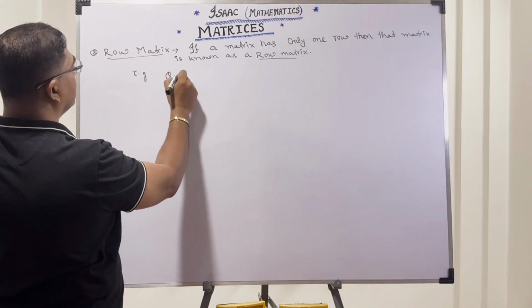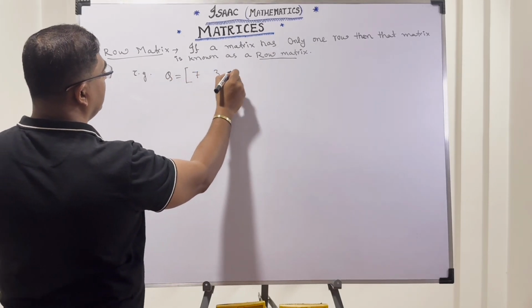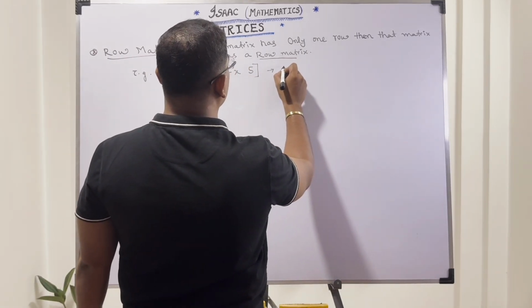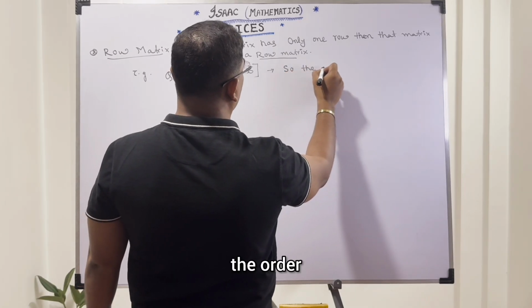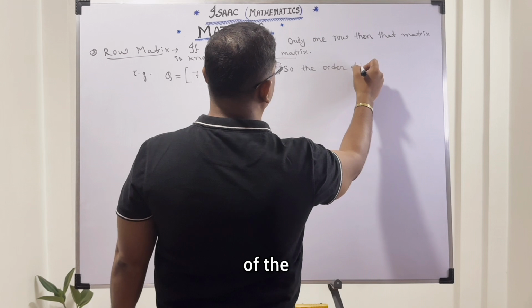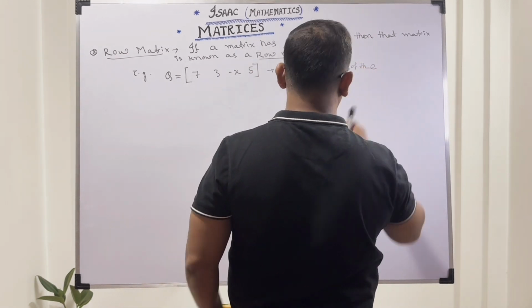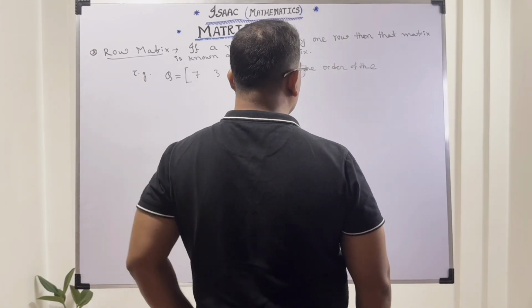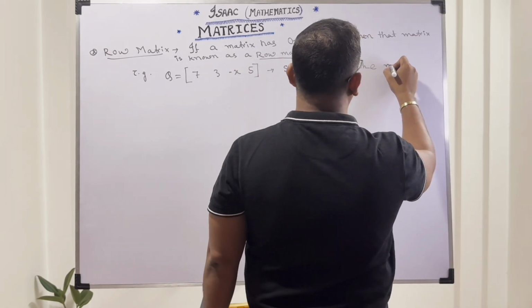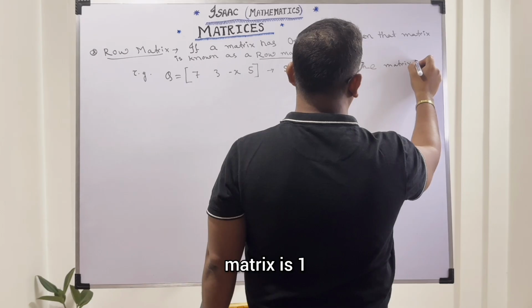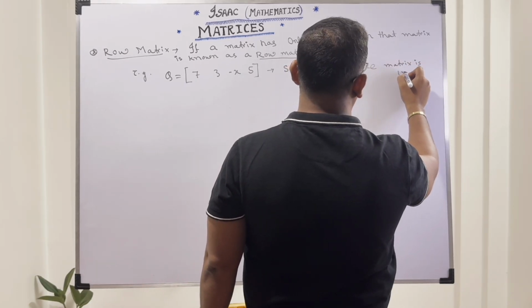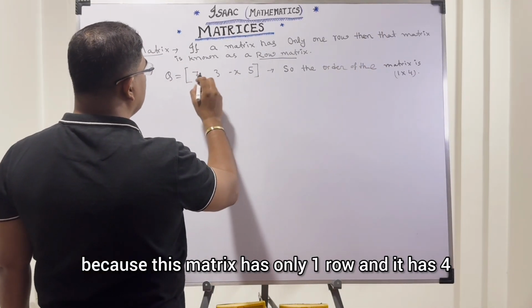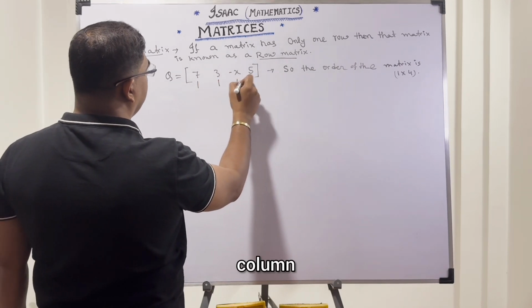Example: 7, 3, minus x, 5. So, the order of the matrix is 1 by 4, because this matrix has only one row and it has 4 columns.